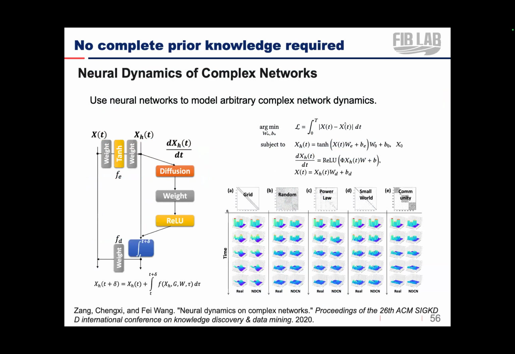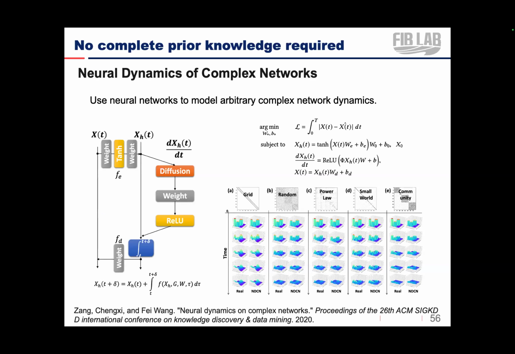For example, this paper named Neural Dynamics of Complex Networks uses neural networks to approximate dynamics, even when the underlying equations are unknown. It maps the observed time series to a hidden space, learns the dynamics in this hidden space, and then maps it back to the observation space.